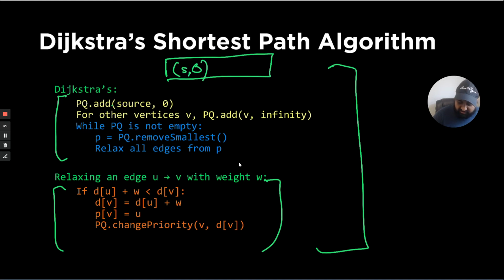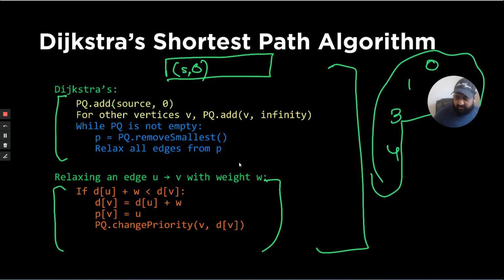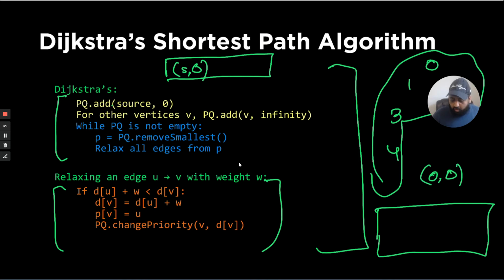So in our case, we had 0, 1, 2, 3, 4, these were the five vertices in our graph. So you initialize a priority queue or a heap data structure, which will have on top 0, because 0 was passed as a source with priority 0. All the other vertices would look something like this. 1 will have the priority infinity, 2 will have the priority infinity, 3 will have infinity, and 4 will have infinity.